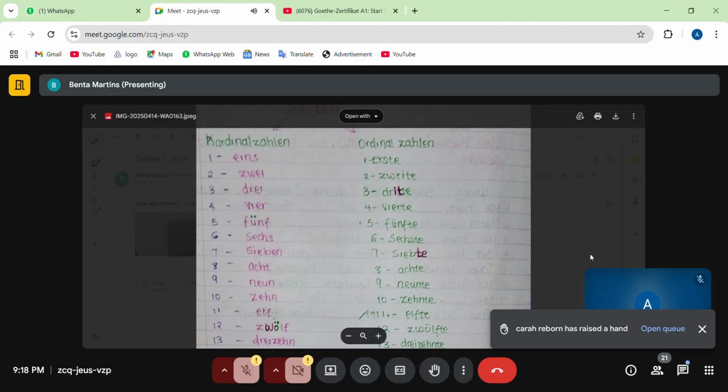The way we say it's zwei, but in this case we have T E. So erste, zweite, dritte. Okay, dritte. So it's double T. Dritte. So zweite, dritte, vierte, fünfte, sechste, siebte, achte, neunte, zehnte.